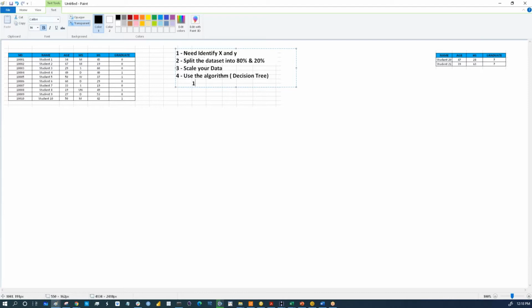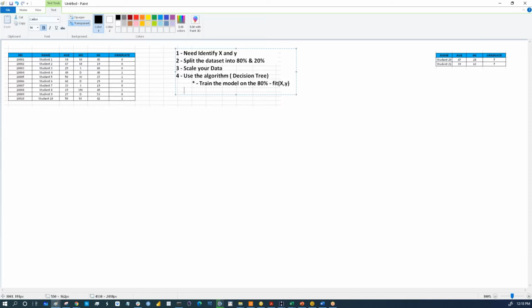So number one, we need to train the model on the 80%, using a method called fit. And when it's a method, it requires some parameters, and we need to fit x comma y.